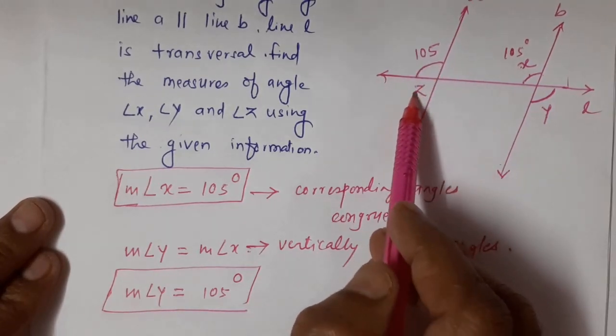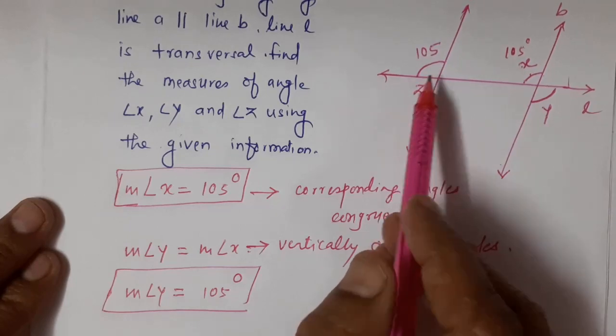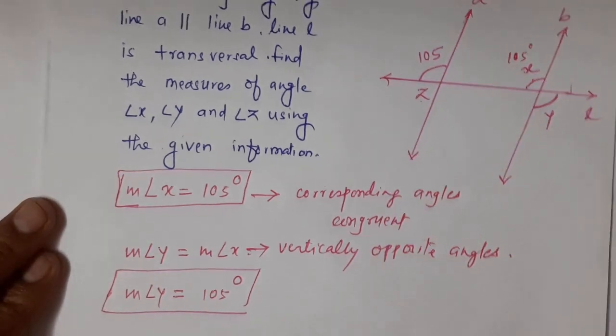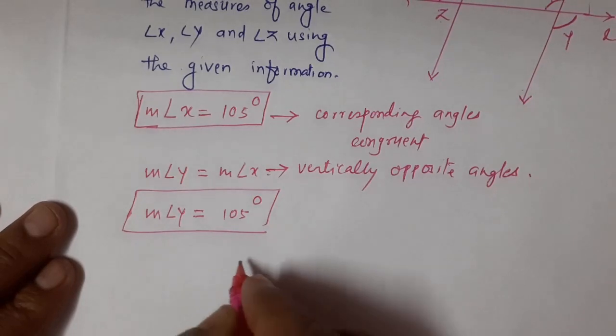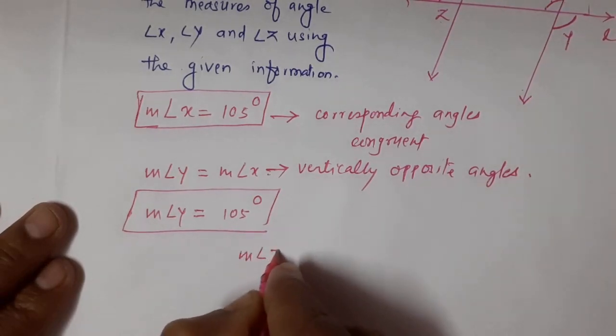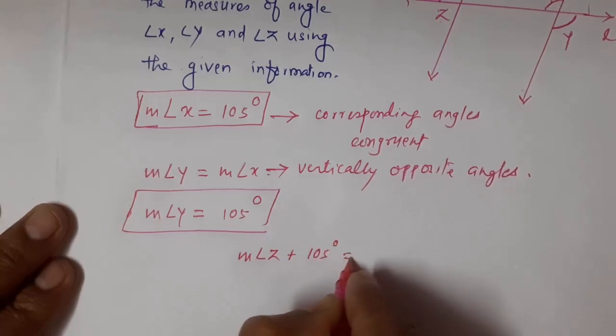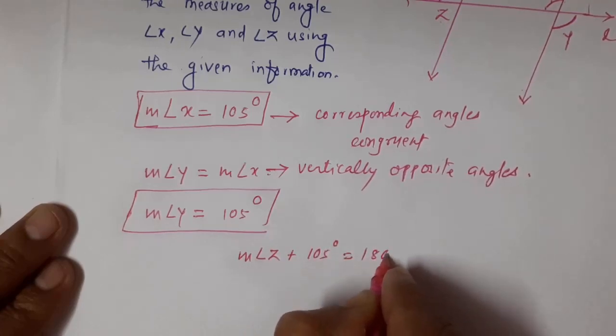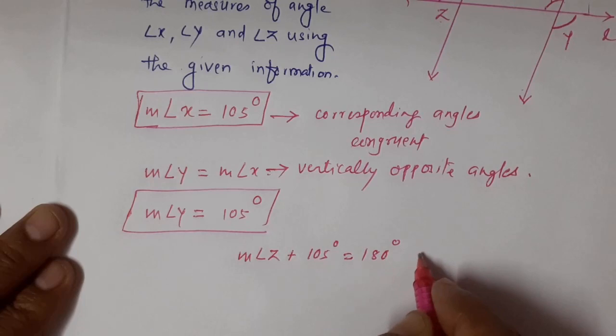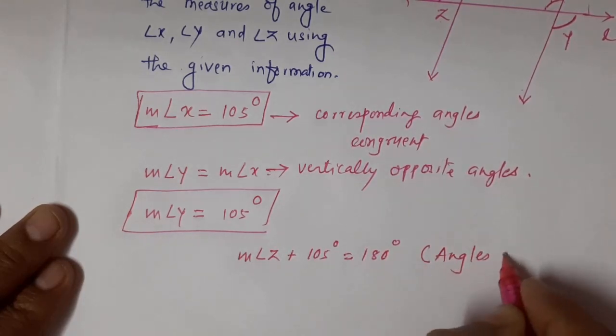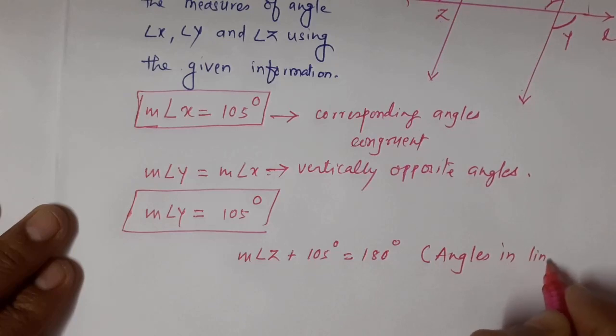The measure of angle z plus 105 degrees is equal to 180, because they are angles in a linear pair.